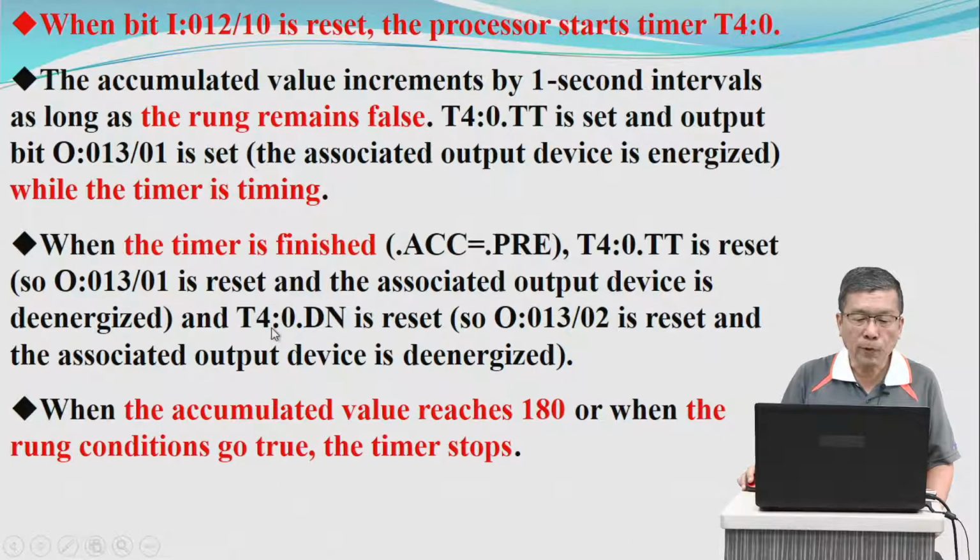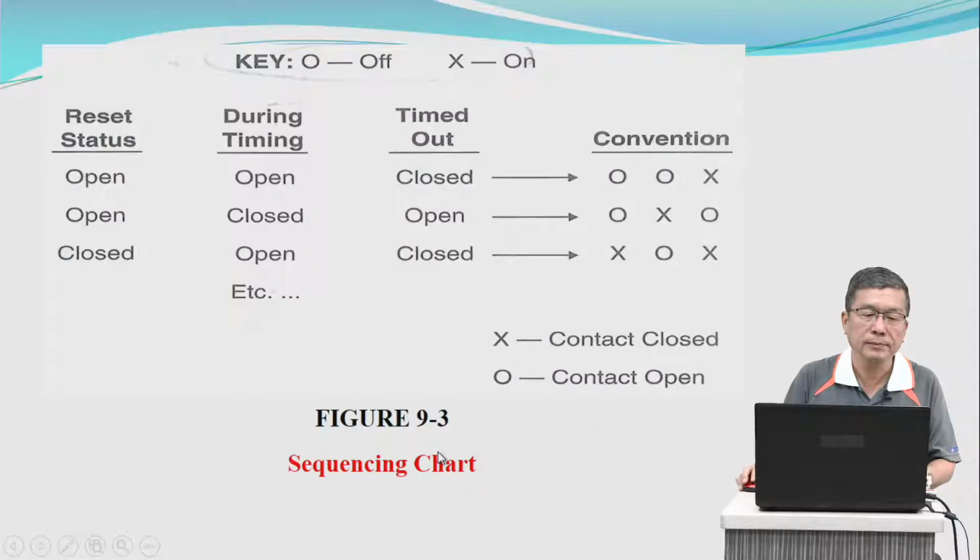And the T4:0.dn is reset, so output 013-02 is reset, and the associated output device is de-energized. When the accumulated value reaches 180, or when the run condition goes true, the timer stops.